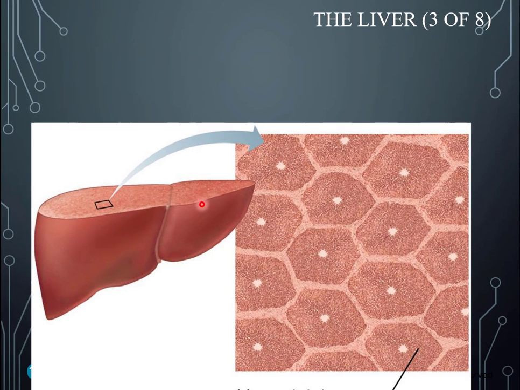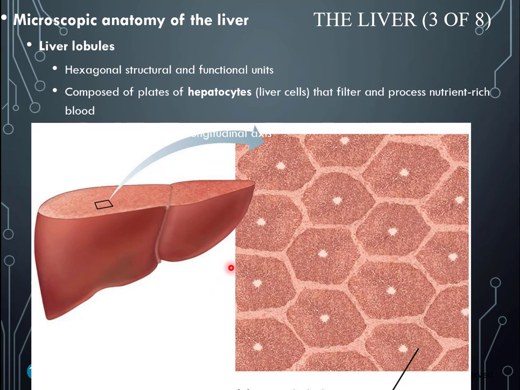And take a look at the cross section of the liver. From a histological point of view, your liver is made of hexagonal lobules, and these hexagonal lobules have a portal triad on each corner.